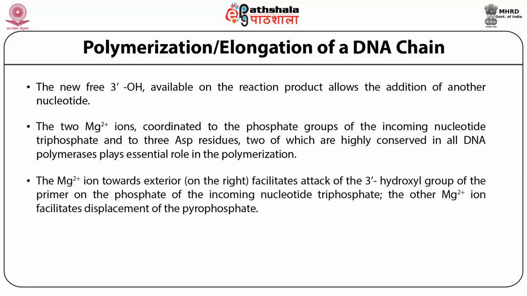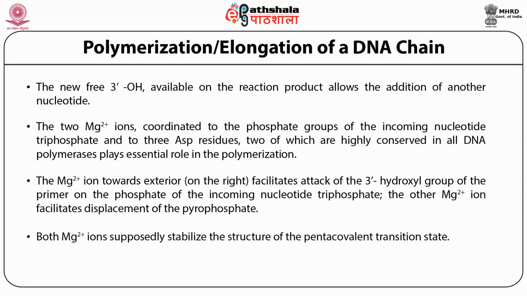The magnesium ion towards the exterior on the right side facilitates the attack of the 3' hydroxyl group of the primer on the alpha phosphate of the incoming nucleotide triphosphate. The other magnesium ion facilitates the displacement of the pyrophosphate. Both magnesium ions supposedly stabilize the structure of the pentacovalent transition state.